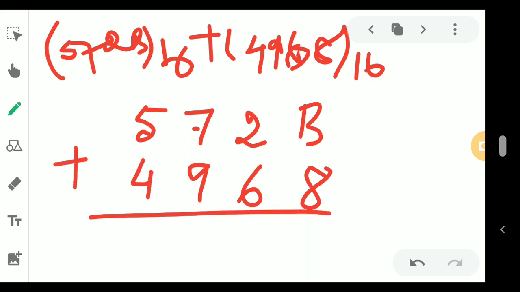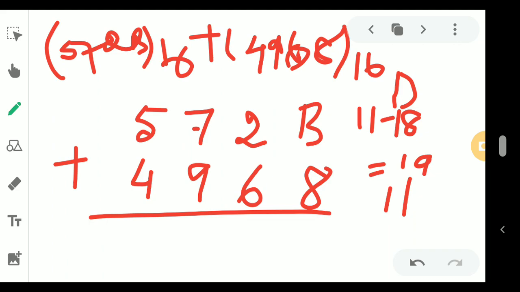Let's add. B plus 8. You remember B means 11. 11 plus 8 is under the decimal part, so 11 plus 8 means 19.